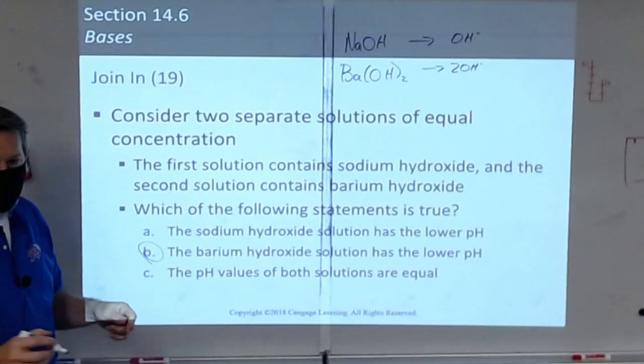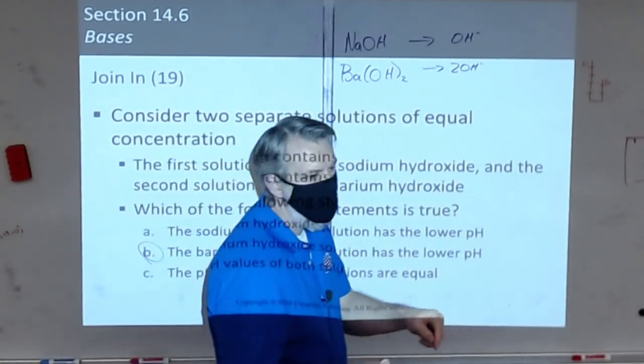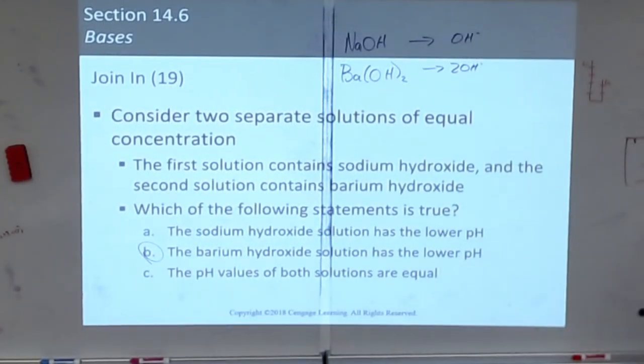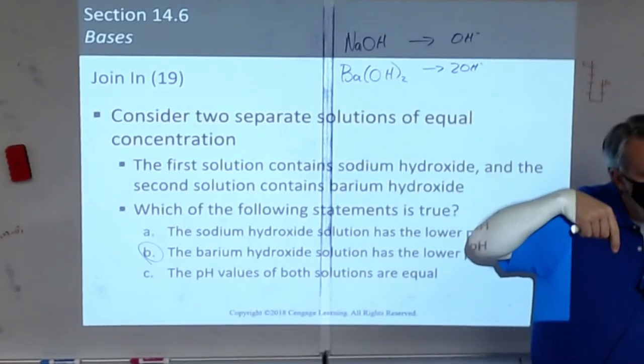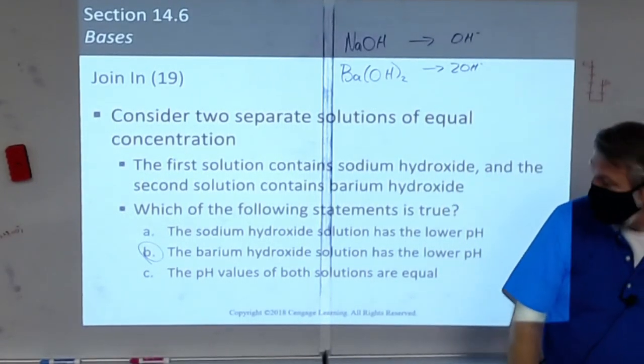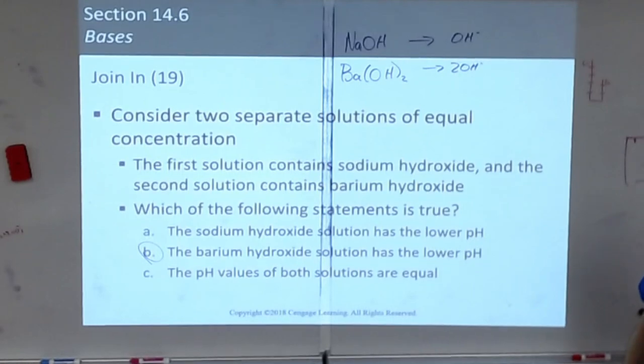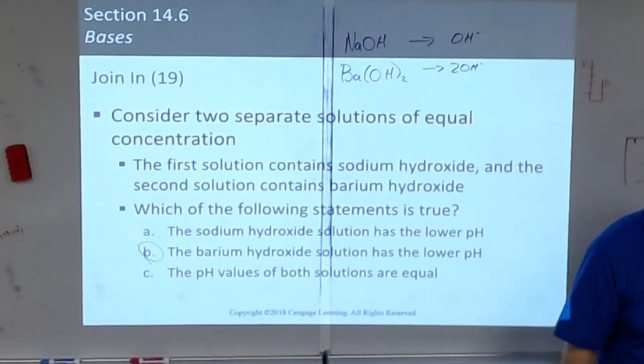Remember when we started this class, I warned you about that thinking? Your hydrogen ion concentration is inverse to your pH. Barium hydroxide is going to have a lower pH. Oh, this is confusing.